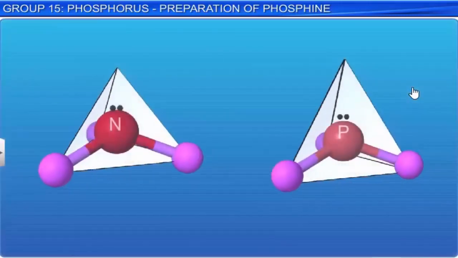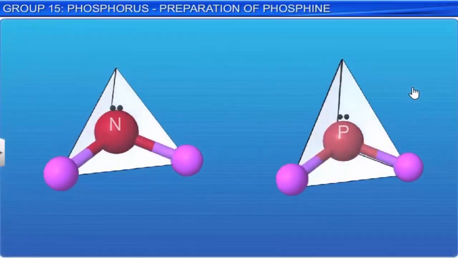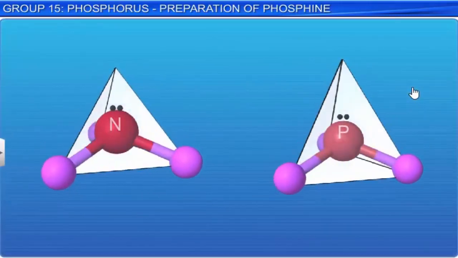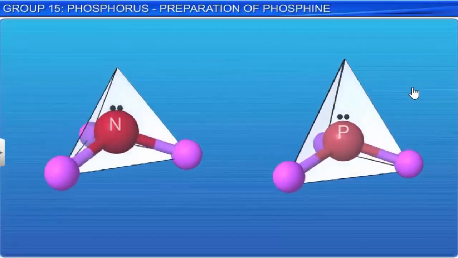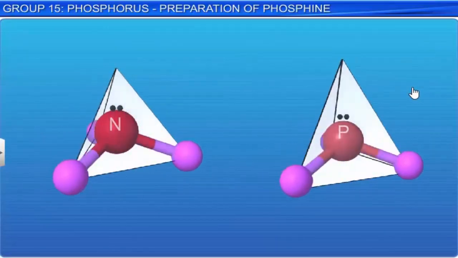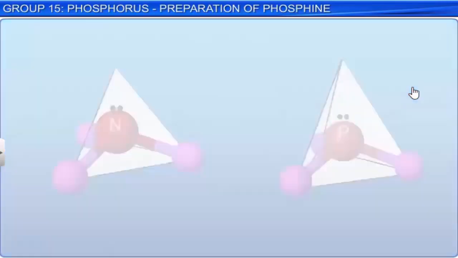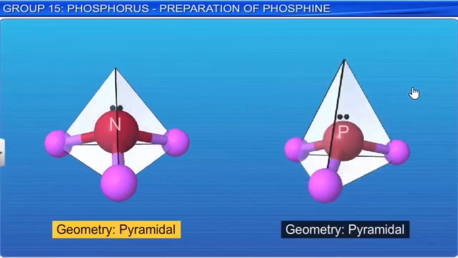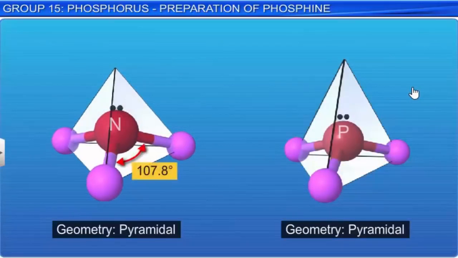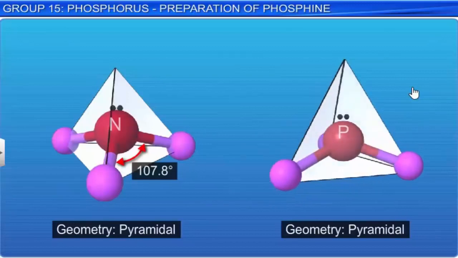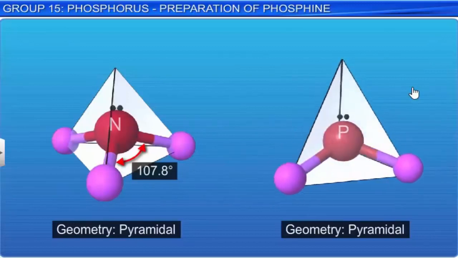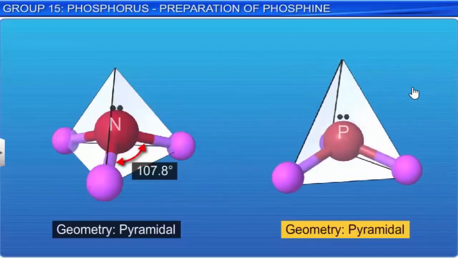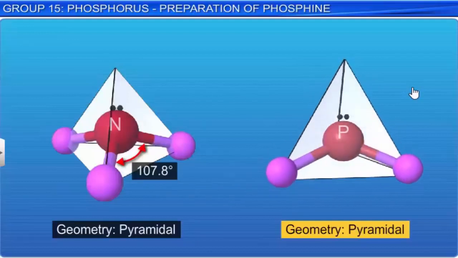Next, let us see how phosphine differs from ammonia as far as bond angle is concerned. You already know that ammonia has pyramidal geometry with a bond angle of 107.8 degrees. Similarly, phosphine is also expected to have pyramidal geometry with nearly the same or similar bond angle.